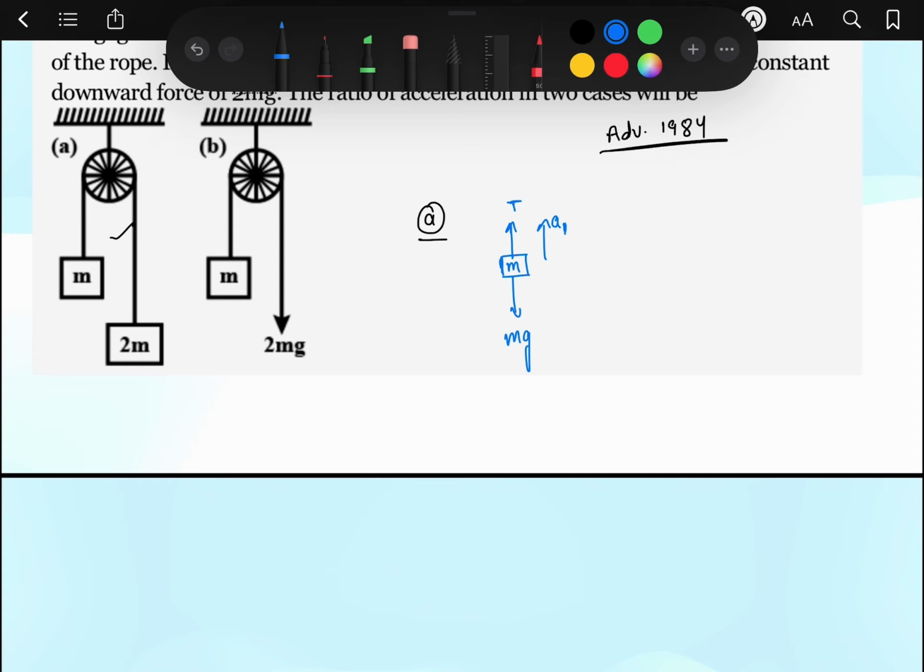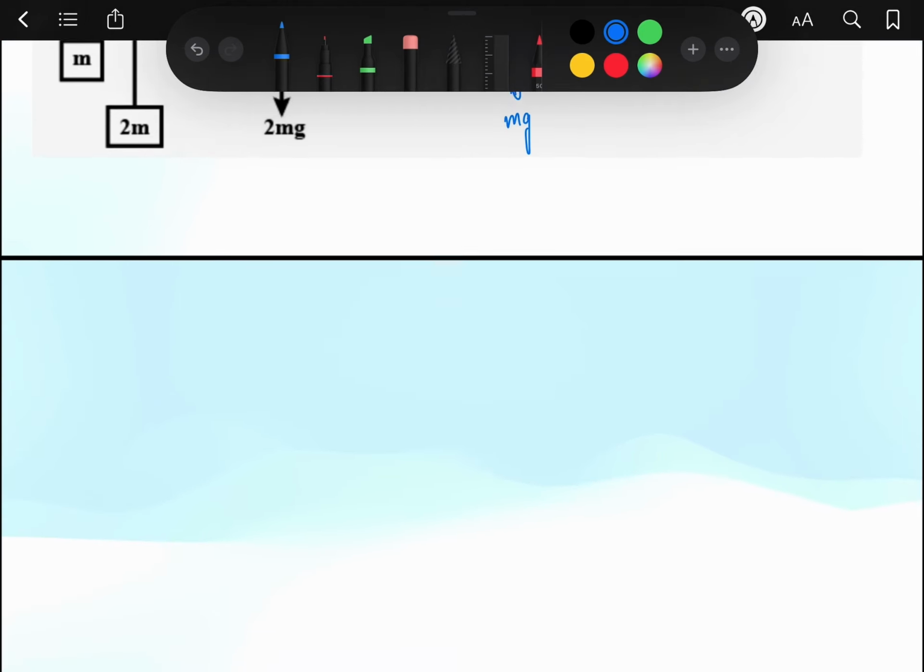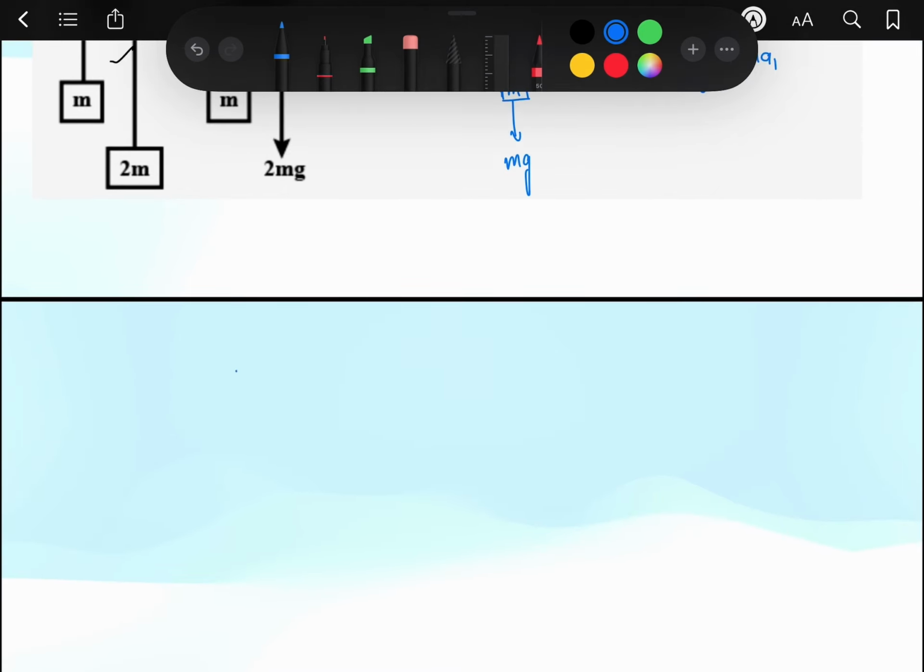So writing the equation of motion for this block of mass M, T minus mg will be equal to m into a1. Okay. Now let me draw the free body diagram for this mass 2m. Let us suppose it is moving downward with an acceleration a, and there is a downward force 2mg acting on it, and one tension force, that is the pulling force in the string.